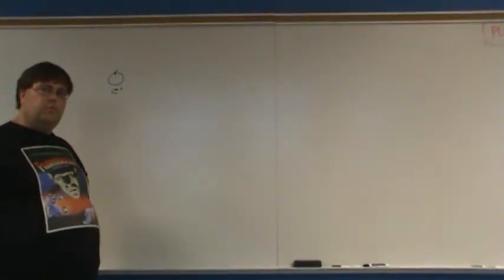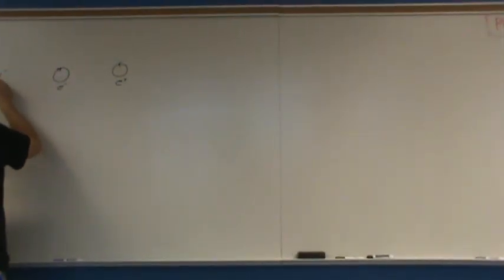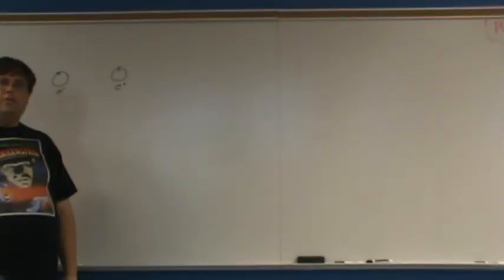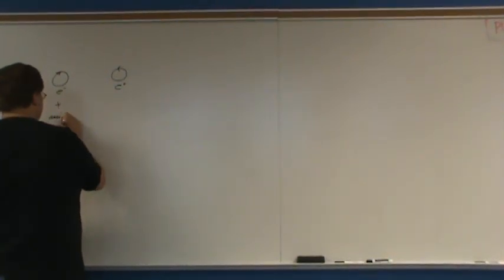Now, correspondingly, we know the W minus particle ends up giving us an electron plus an anti-electron neutrino.